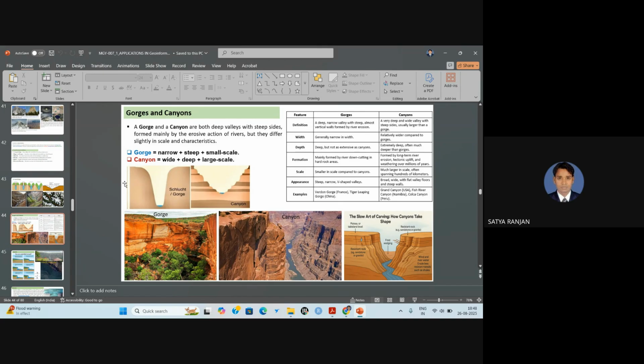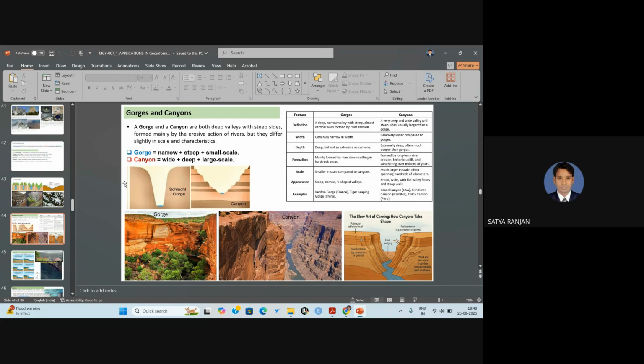A canyon is also formed by the erosion of the platform, or by tectonic uplift and weathering. A gorge is small scale and a canyon is large scale.